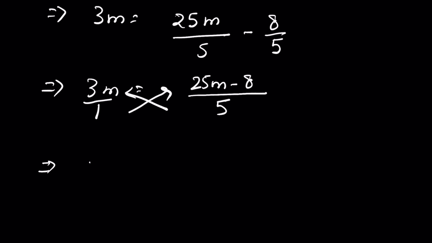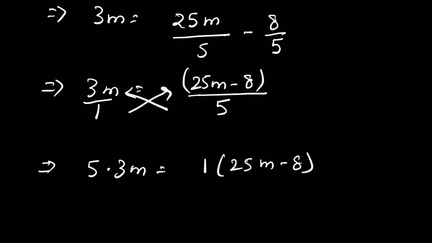So 5 will be multiplied to 3m. So 5 times 3m, and this side 1 will be multiplied to entire number. Now 25m minus 8 is a single number, although we cannot subtract it, but we have to treat them like a single number. So here it was 1, so there was no difference whether we are multiplying it or not. But remember, what if there was some number here in the fraction?